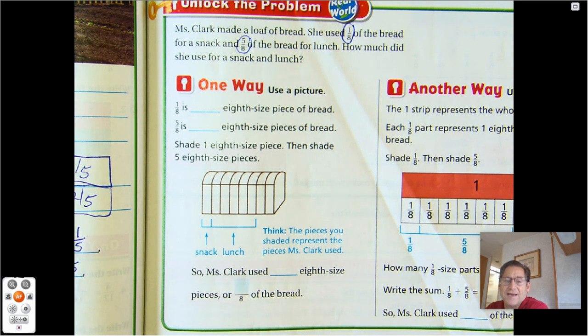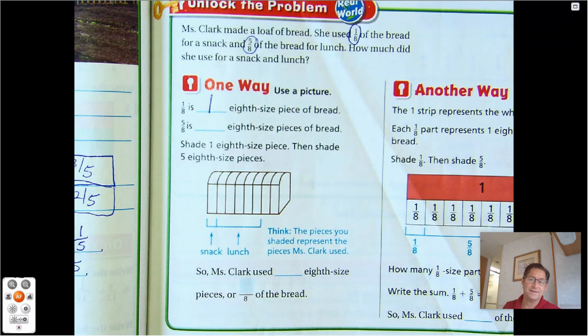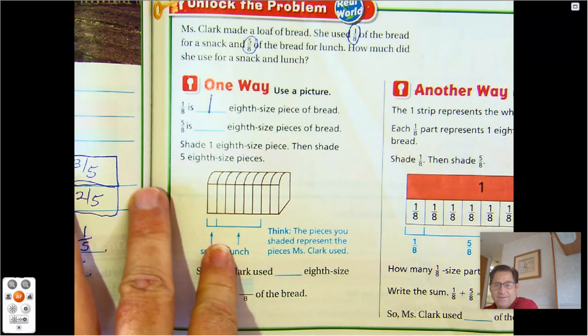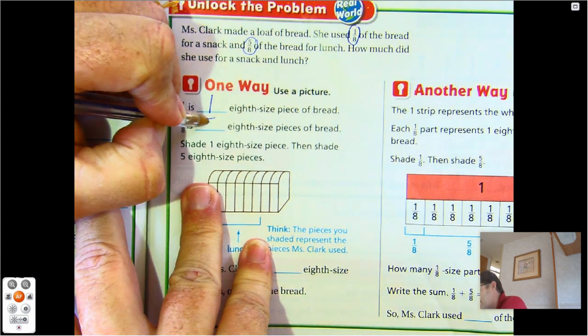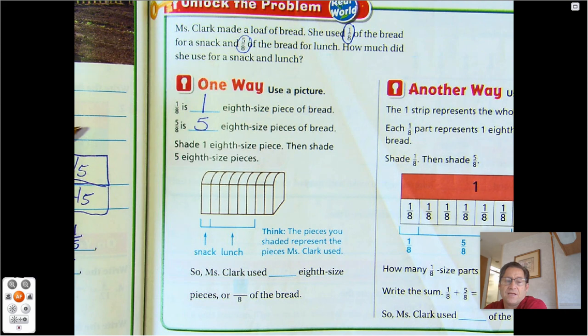1/8 is one eighth size piece of bread. 5/8 is 5 eighth size pieces of bread. So shade 1/8 size piece.